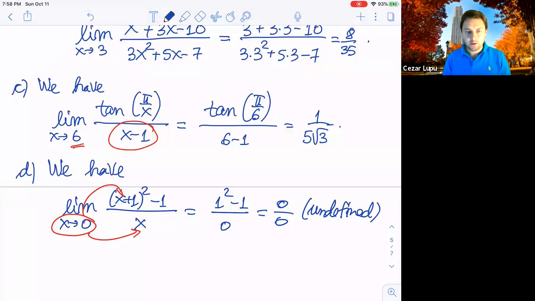Well, again, some college algebra comes to the rescue.